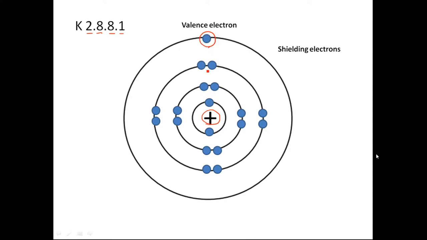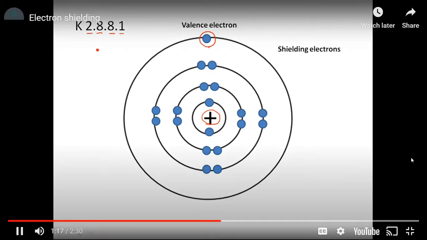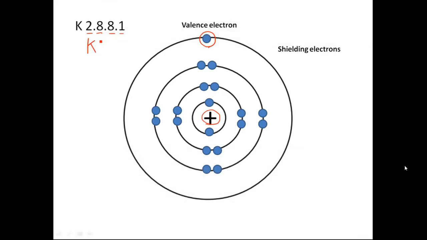So the shielding electrons shield this valence electron from the full attraction of the nucleus, which means the valence electron is easier to remove. And potassium can lose the valence electron to form K+, which is a 1+ ion. Okay?